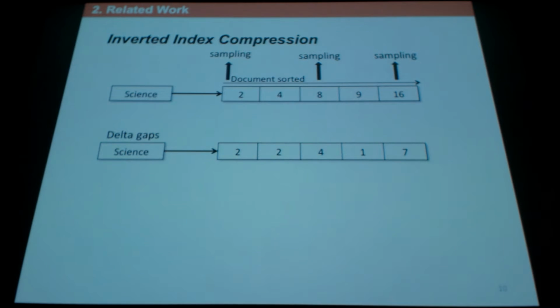That way, we go to the closest point where we have a sample value, and then start summing up to the next positions. And we can compress this using gamma, delta, Simple9, Rice, PForDelta, and so on. There are many encoding mechanisms that work. Some of them work really well, some of them work really badly.